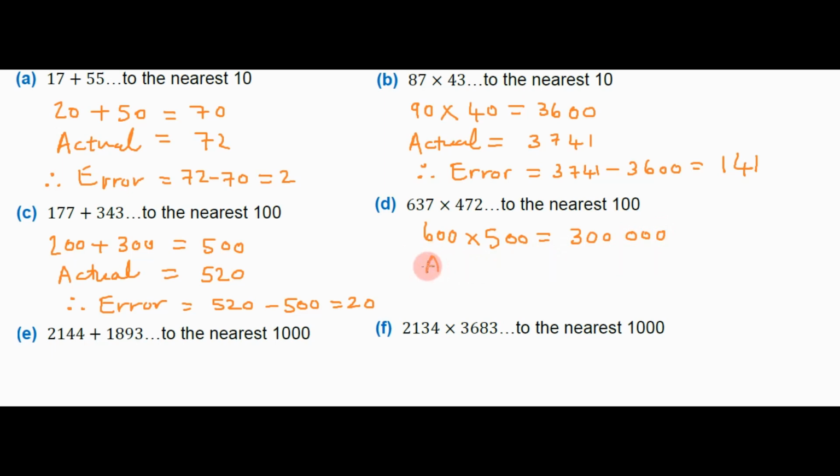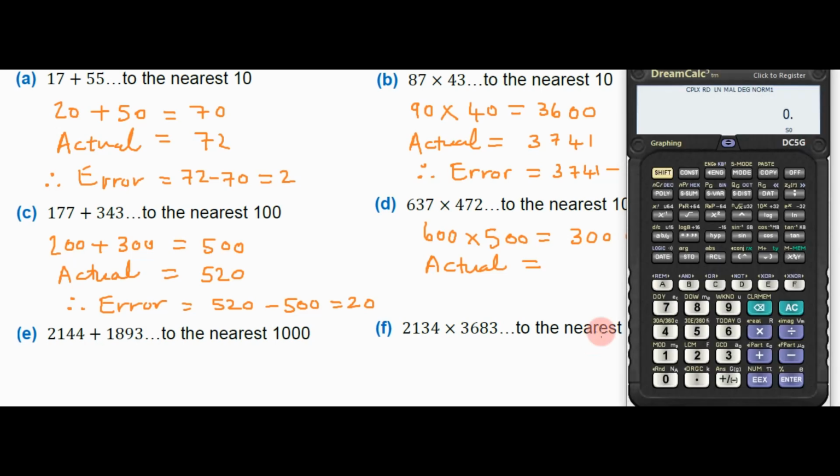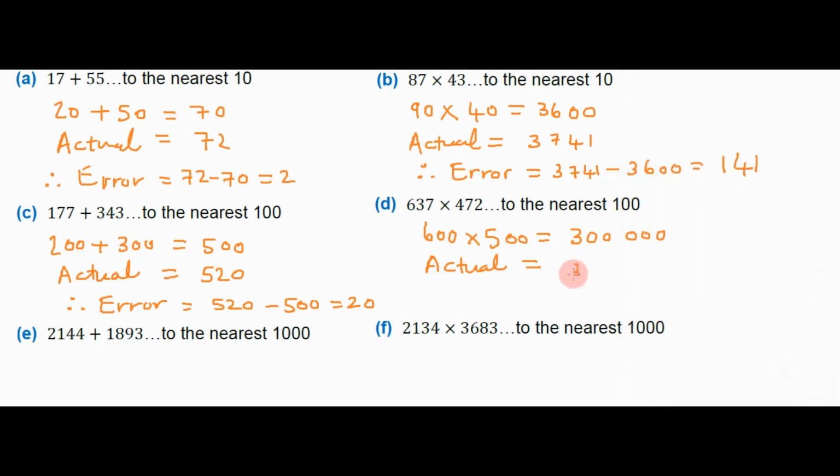Let's look at the actual. 637 multiplied by 472. And it's 300,664. So then the error will be the difference, which is just 664.